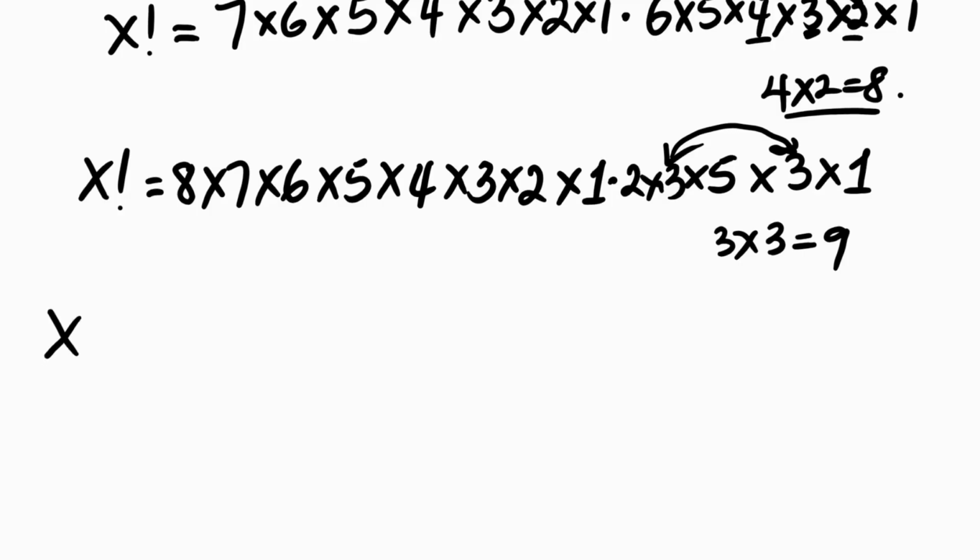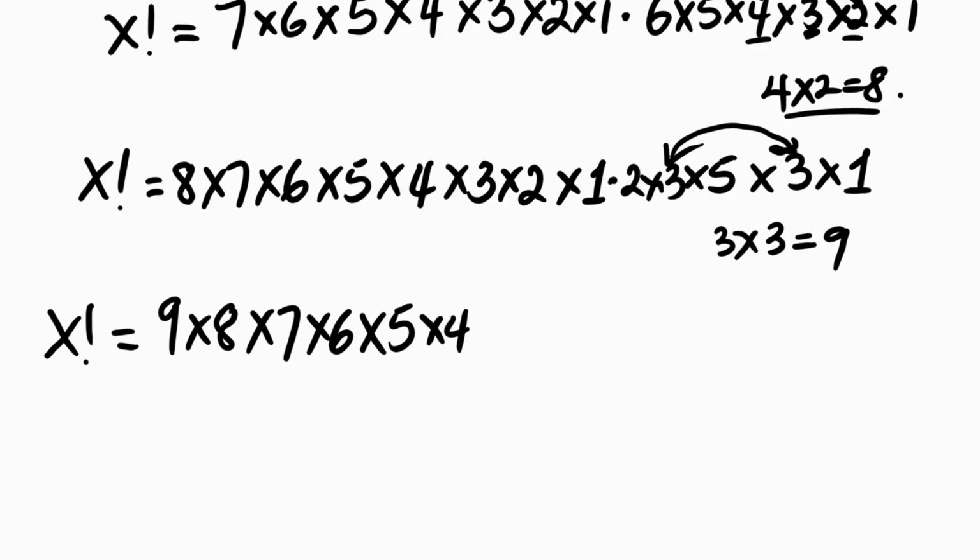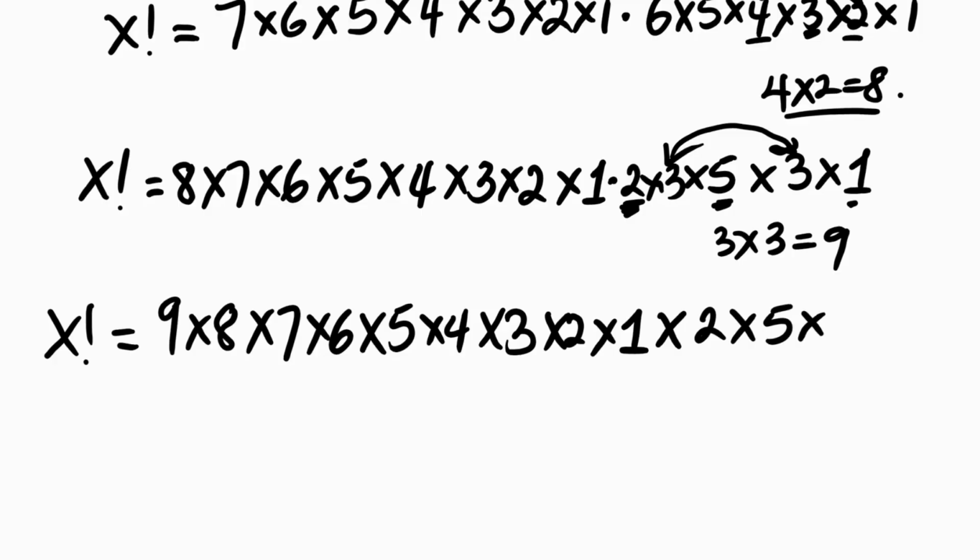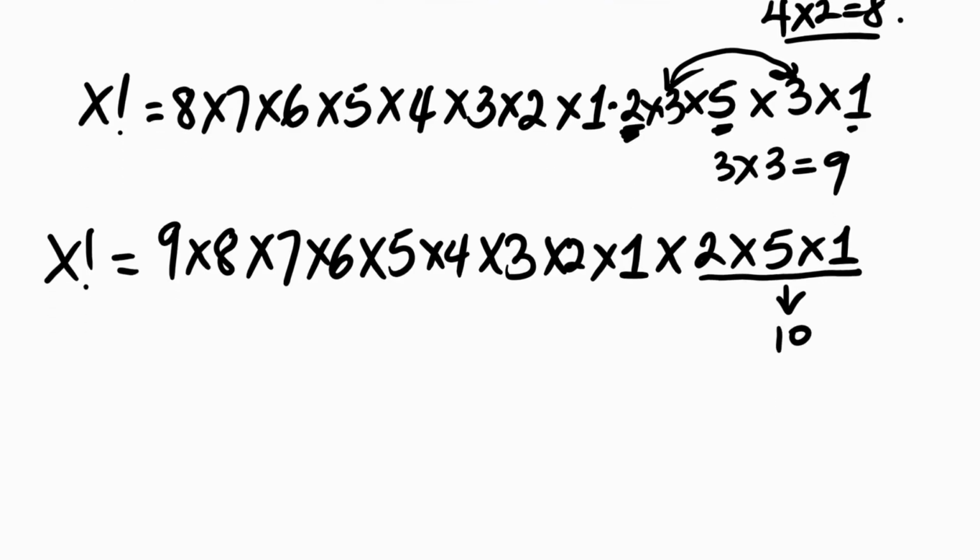So now what we have is x factorial equals 9 times 8 times 7 times 6 times 5 times 4 times 3 times 2 times 1 times, we still have 2, we have 5 and 1, so 2 times 5 times 1. 2 times 5 times 1 will give us 10.